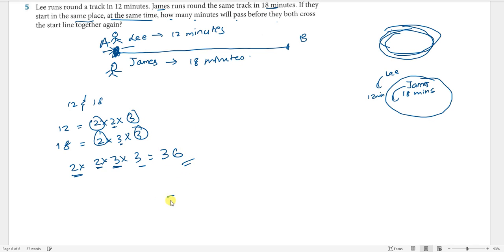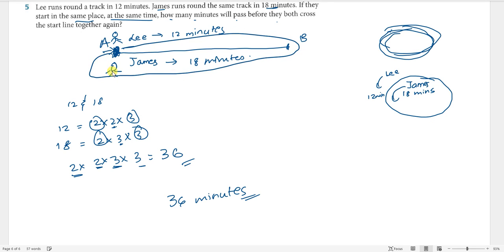So the answer is 36 minutes. So this means that if both of them start at the same time at the same location, for them to go around and meet at the same place together, it's going to take 36 minutes. At the 36-minute mark, they both will be at the same location.